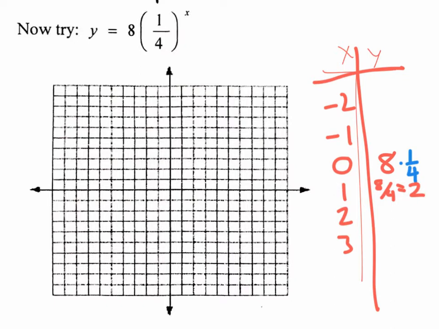So if you keep multiplying by 1/4, because that's what the base is telling us to do, if I take the output 2 and multiply it by 1/4, 2 times 1/4, we'll put the 2 over a 1, that'll give us 2/4, and what does 2/4 reduce down to? It reduces down to 1/2. So I'm going to put 1/2 right there.